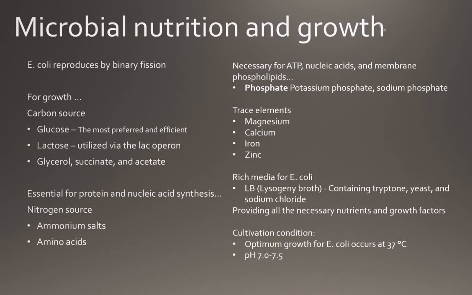E. coli reproduces by binary fission. Its nutrition and growth depend on various factors including nutrient availability, temperature, pH, and oxygen levels. Optimal growth for E. coli occurs around 37 degrees Celsius, while the pH ranges from 7.0 to 7.5.